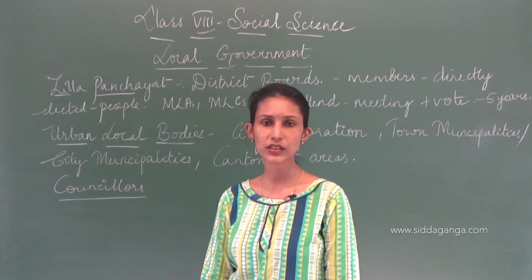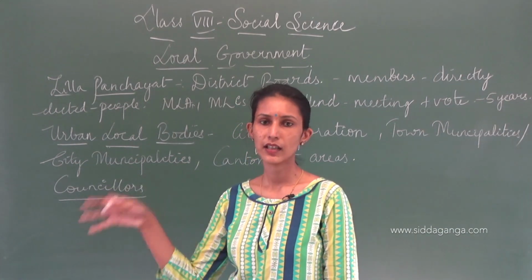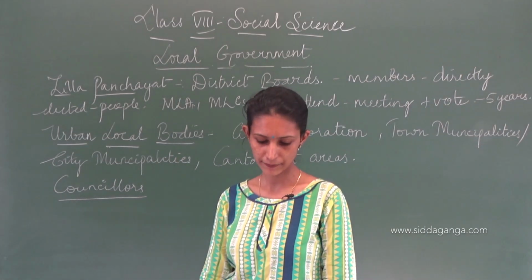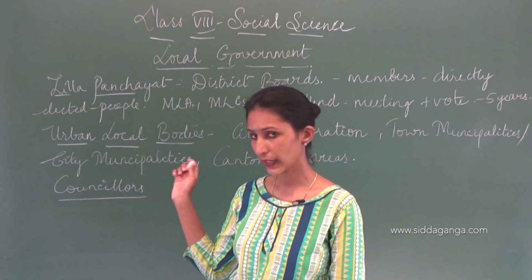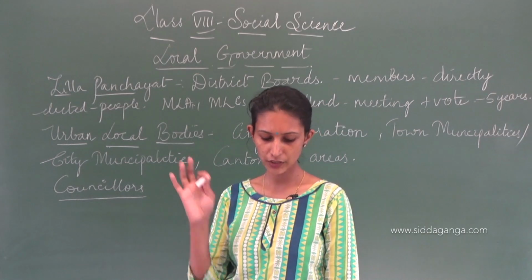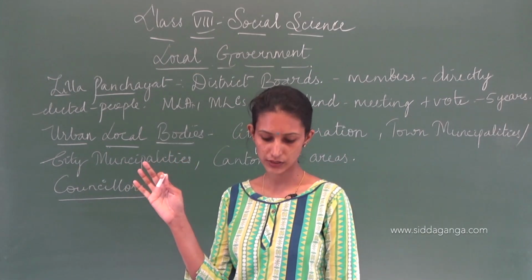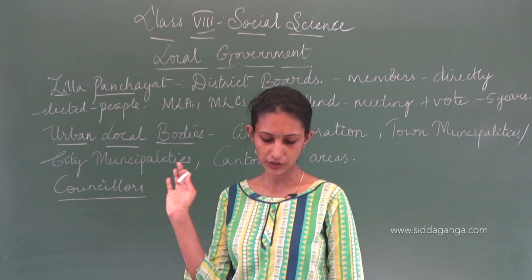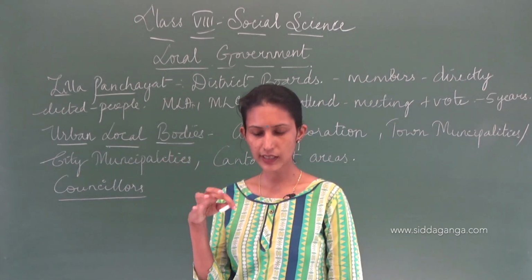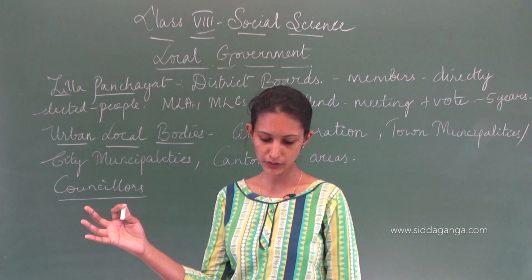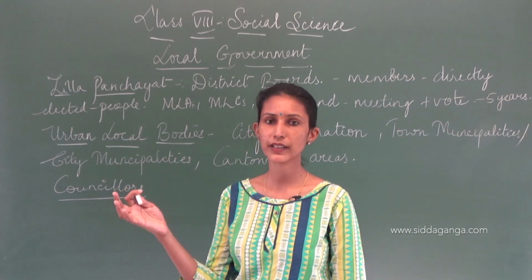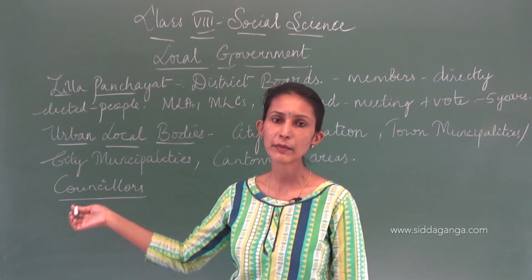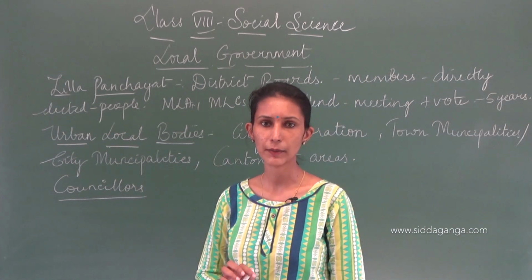Now the number of councillors will depend on the area that is being divided. So in the town municipality there are about 23 to 27 councillors, whereas city municipalities have around 31 to 37 councillors.